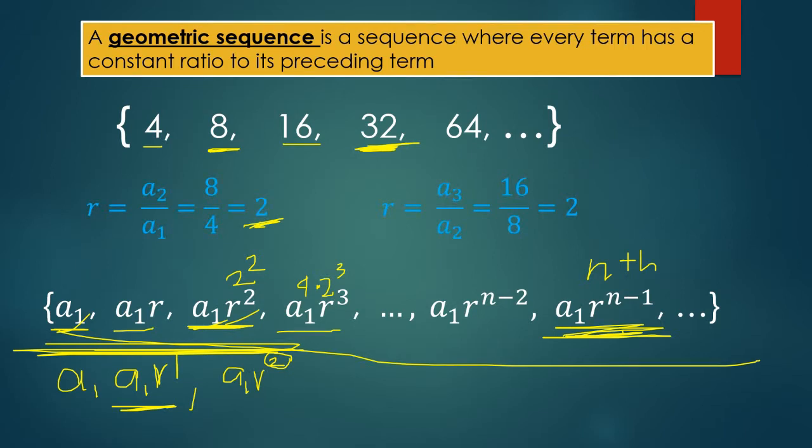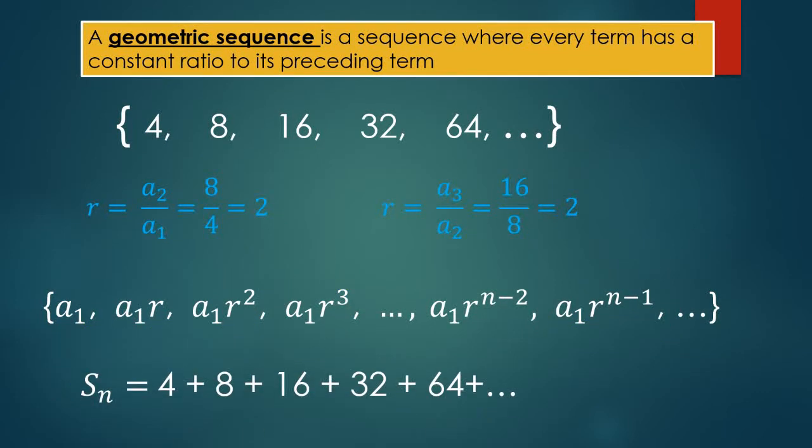And for the fourth term, the exponent of R is 3. So for the fourth term, the exponent of R is just 3, meaning we subtract 1. That is why for the nth term, we also subtract 1, so R raised to n minus 1.